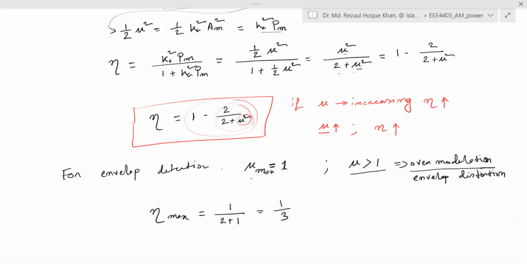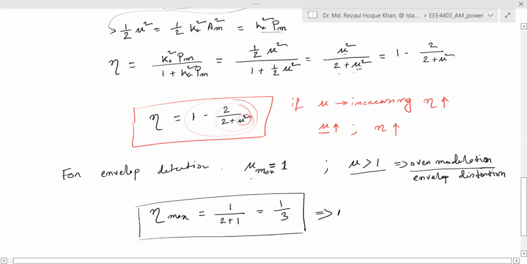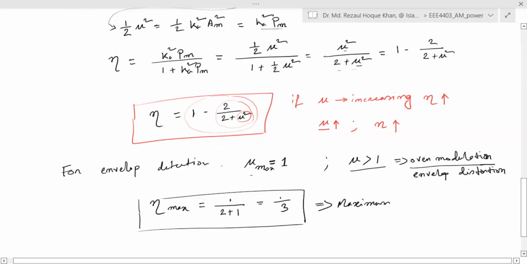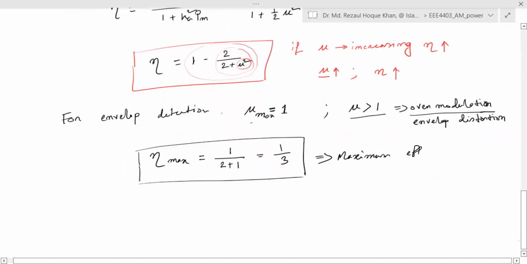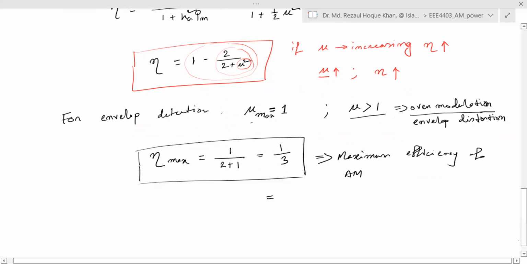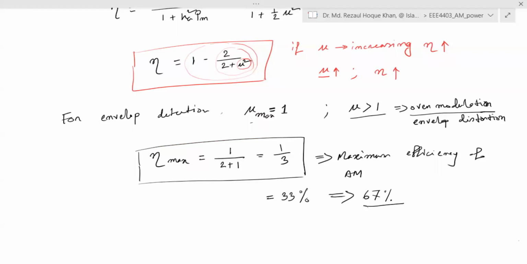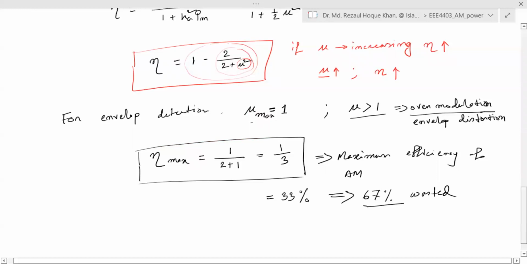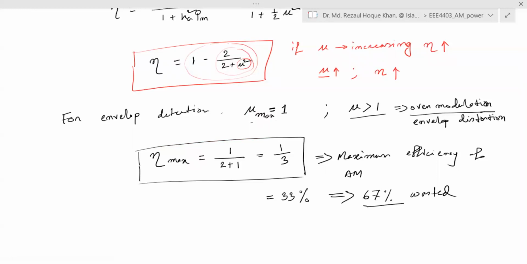That is the maximum efficiency of amplitude modulation, which is 33%. It means 67% of the power is wasted.